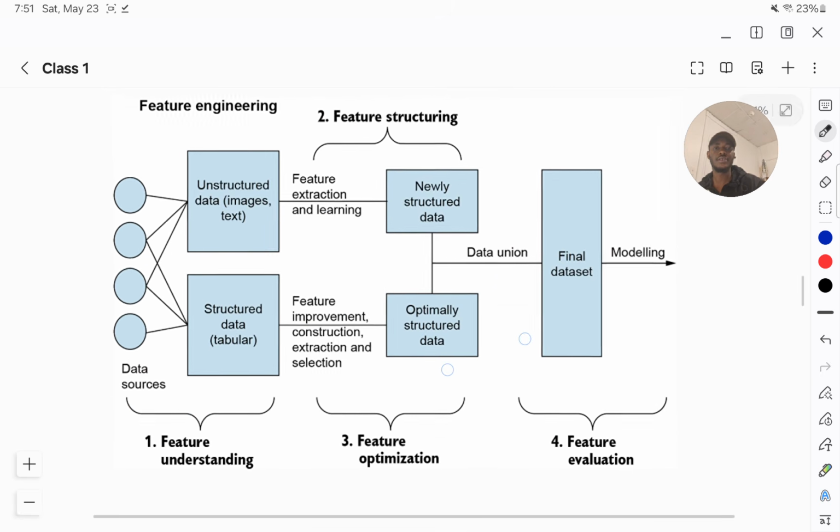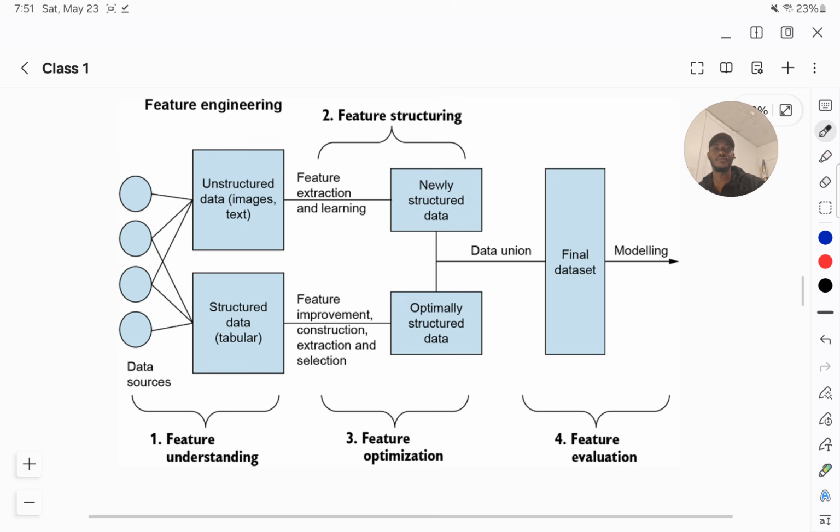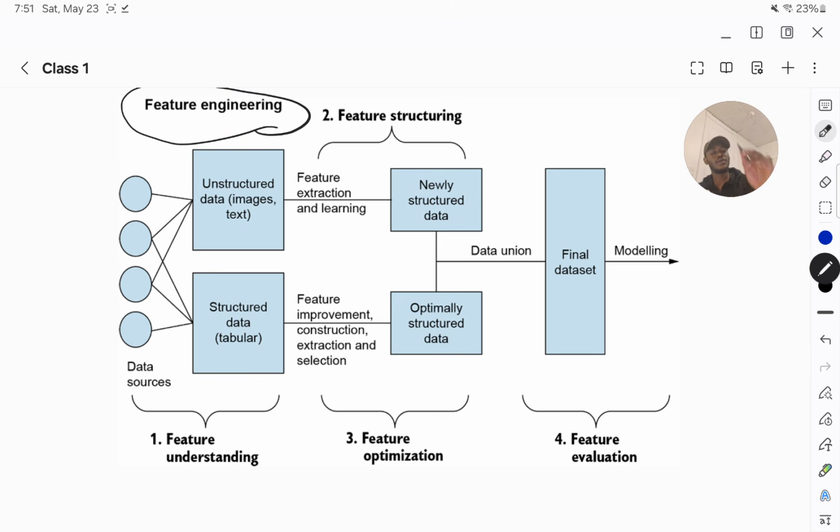So based on this, I will just highlight a little bit about feature engineering. Data comes in unstructured or structured format. So we have the unstructured images and data here, and then we have the structured format. These are the data sources. So we extract the features into structured data, and then the feature can be improved, right?